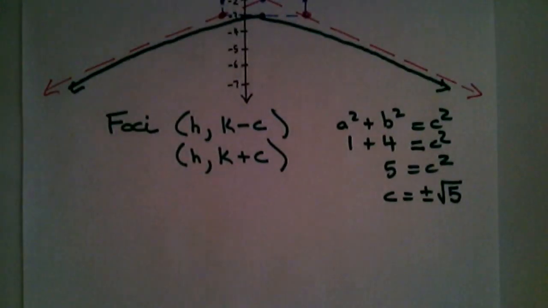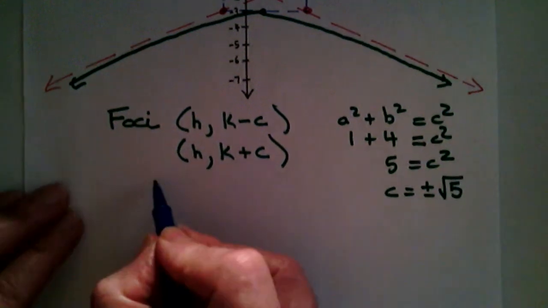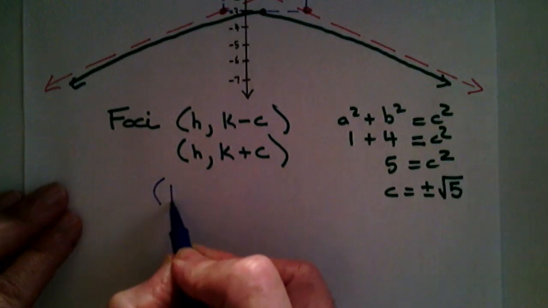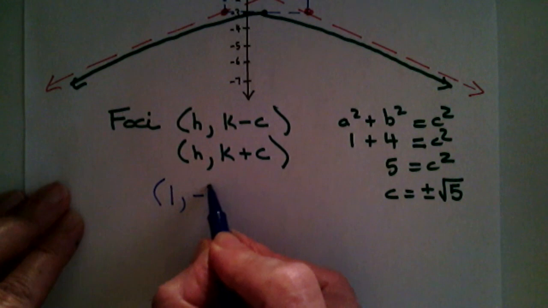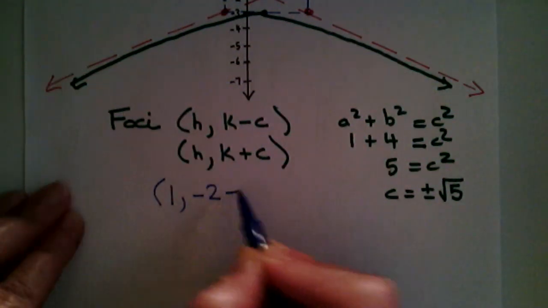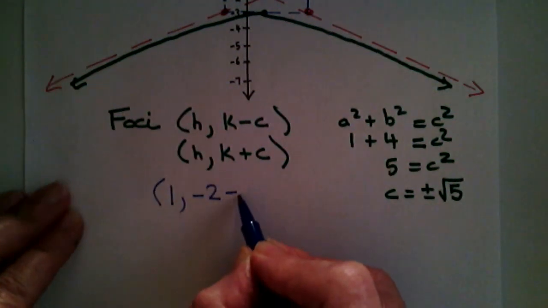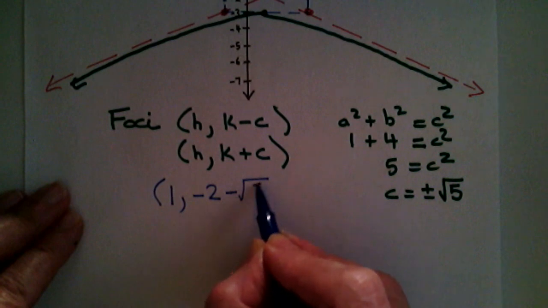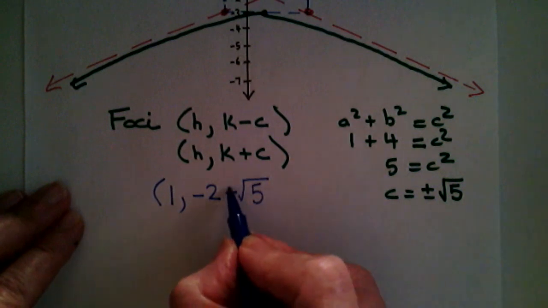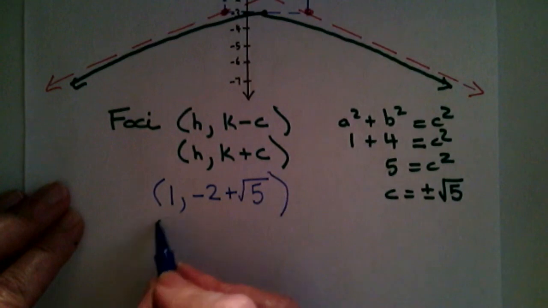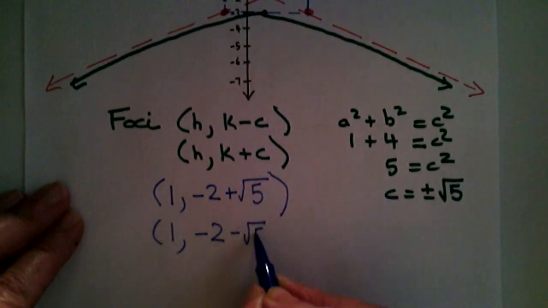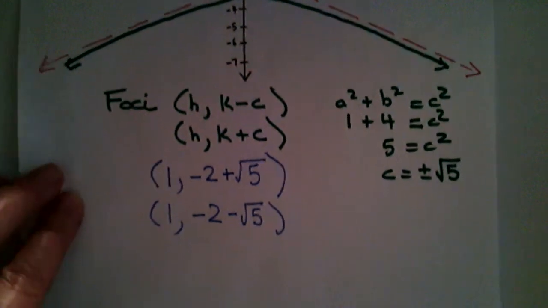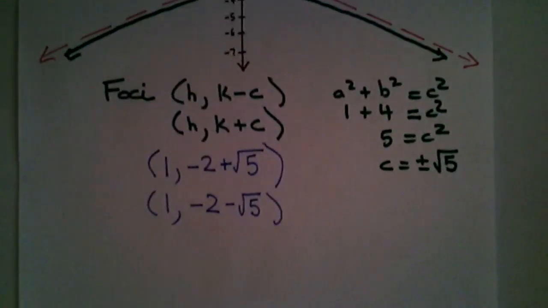The way you write down the foci then is that h is 1, and then I have k, which is negative 2 minus rad 5, and then I have 1, negative 2 plus rad 5. So those two are your foci.